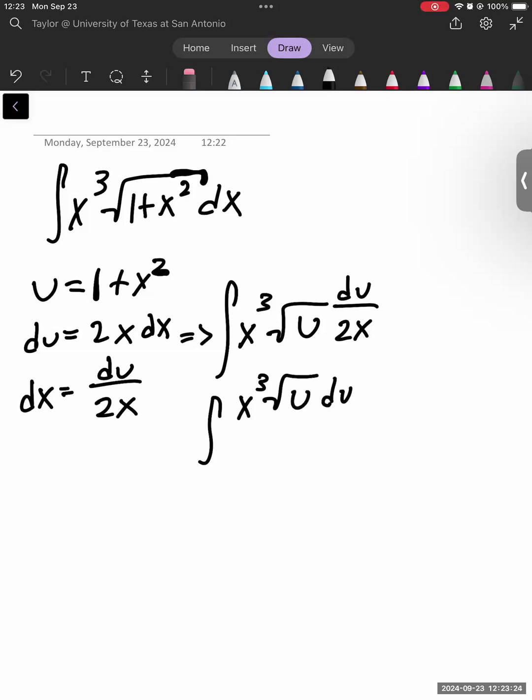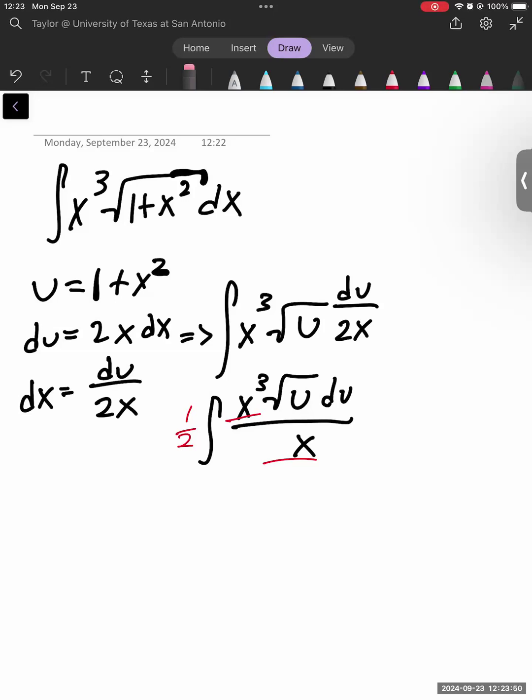And then I'm going to rewrite this really quick, giving me the integral x cubed square root u du over 2x. What can we do here? How do we deal with our variables here and here? And we leave 1/2 outside the integral. Okay. So then I'm going to get rid of this 2 in front of the x.